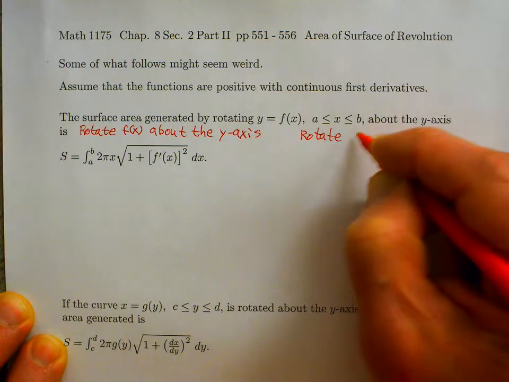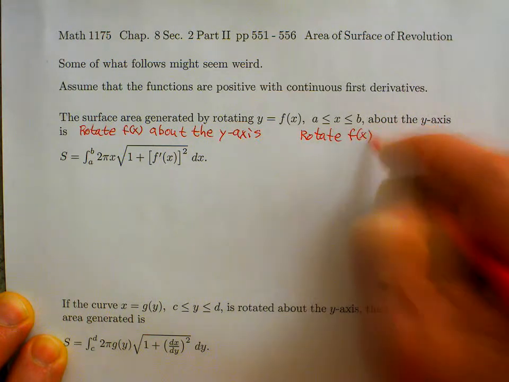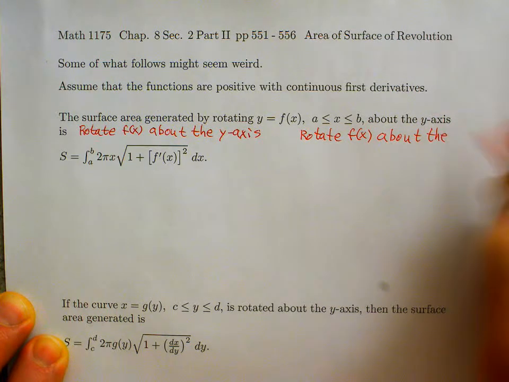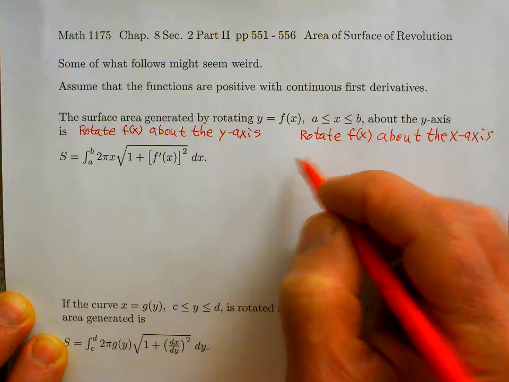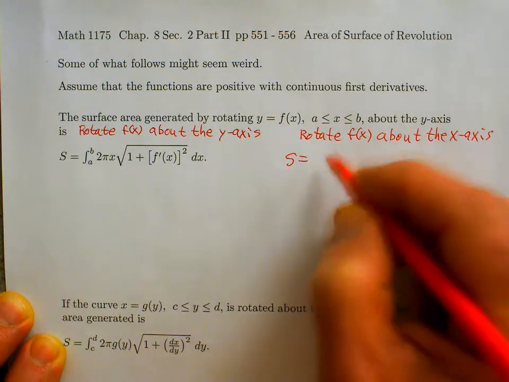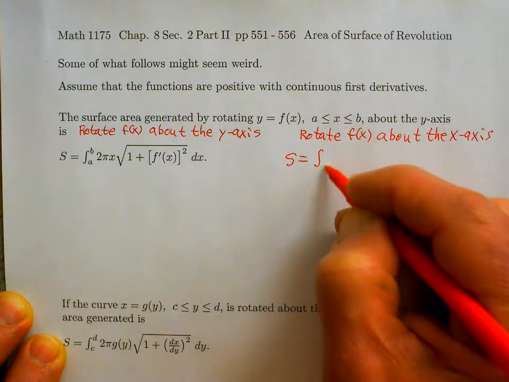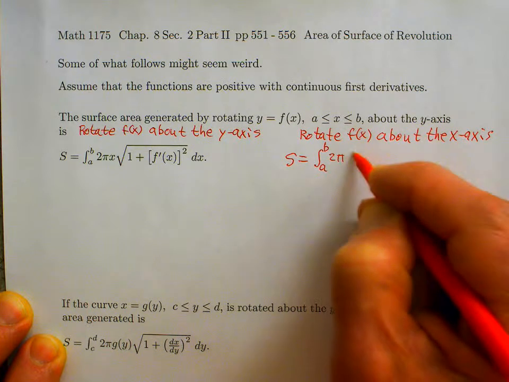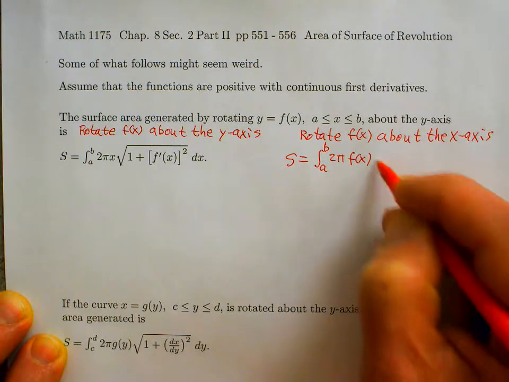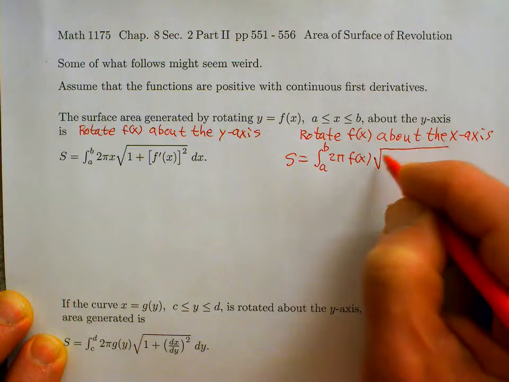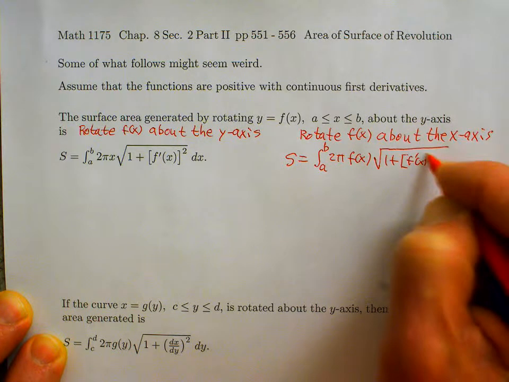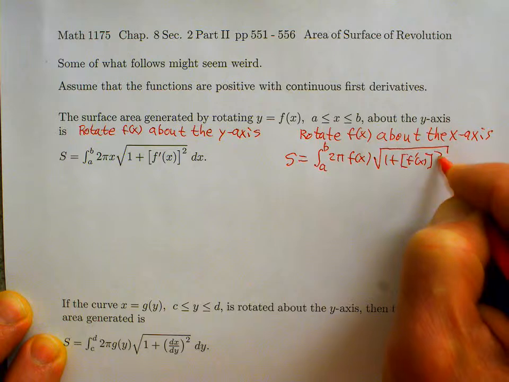Rotate f of x about the x-axis. Our formula for that surface area is S equals the definite integral from a to b of 2 pi f of x times the square root of 1 plus f prime of x squared dx.